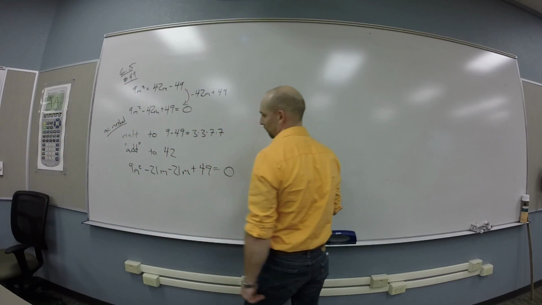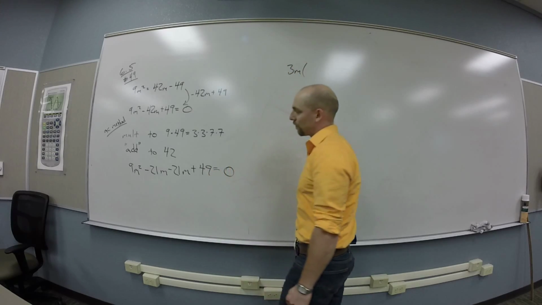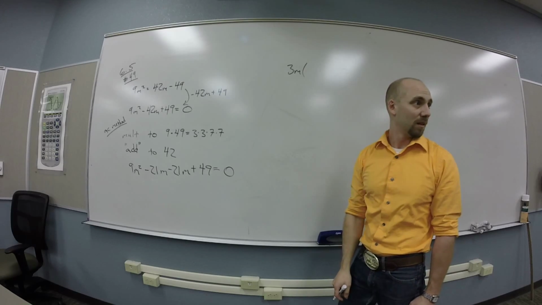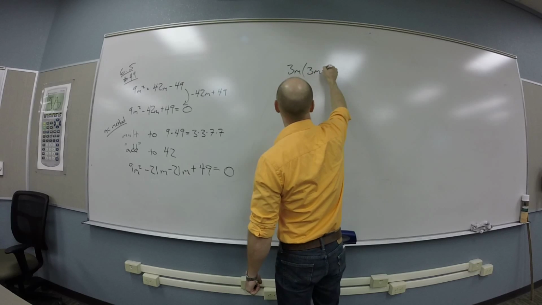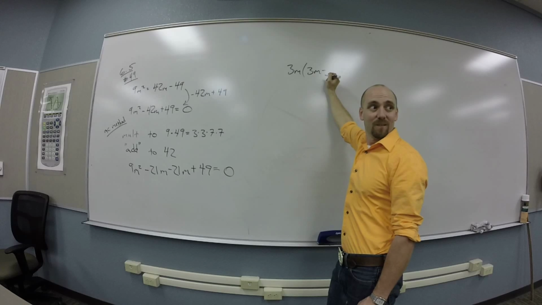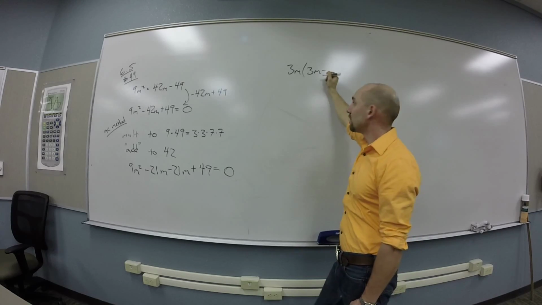Okay, so what can I factor out? 3 out of 12. Okay, I can get a 3m out of the first two. What am I left with there? 3m minus 7. What do I need to multiply by 3m to get 21m? 7.